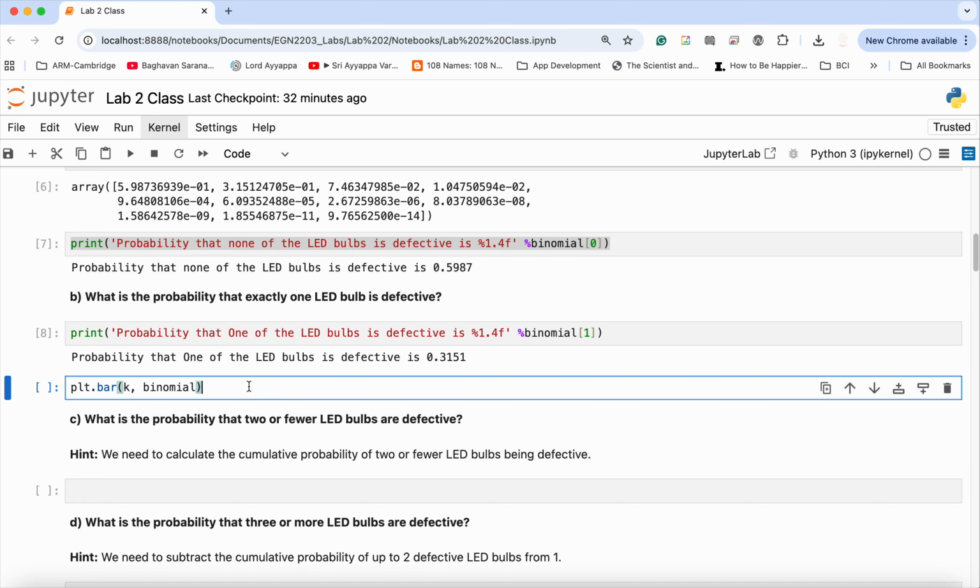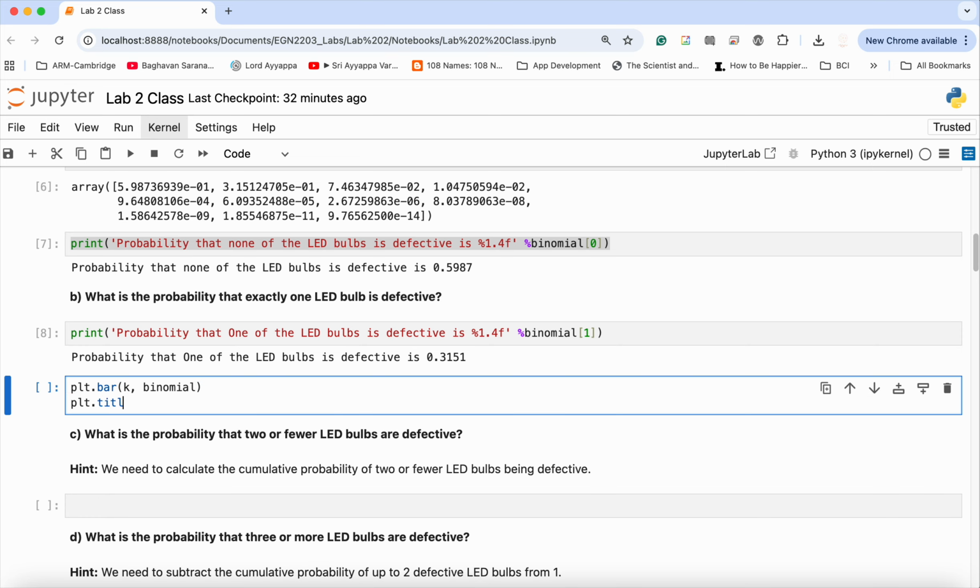Okay, so let's put in some titles and labels.